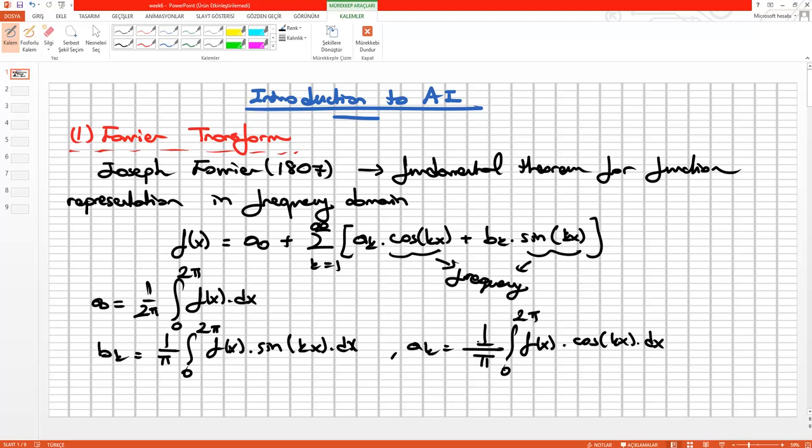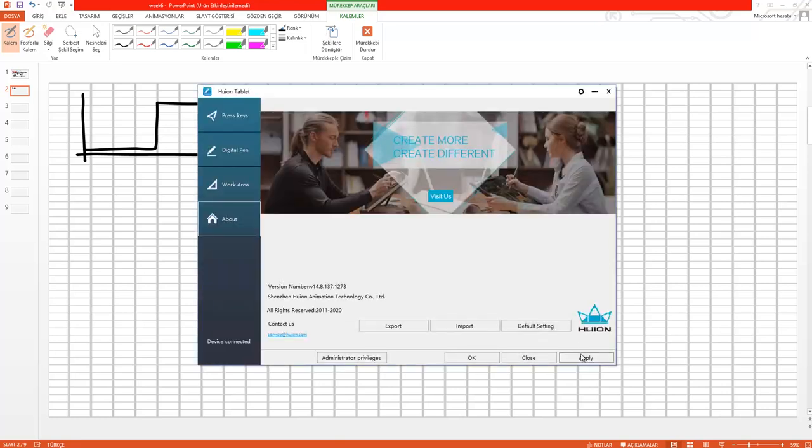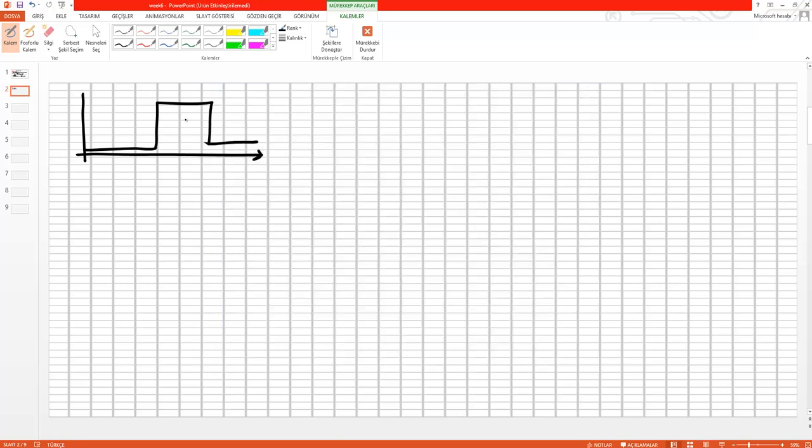We don't need to know the underlying mechanism of this pattern or the foundation of this problem, but if you can calculate these coefficients, then we can represent, for example, this square signal by using the infinite series of the cosine and sine theorem.